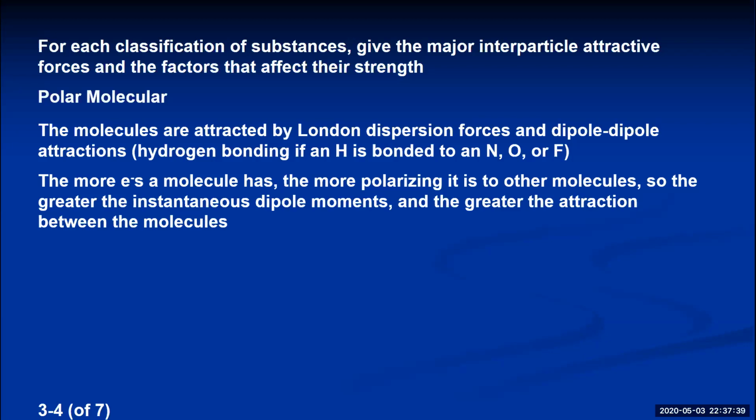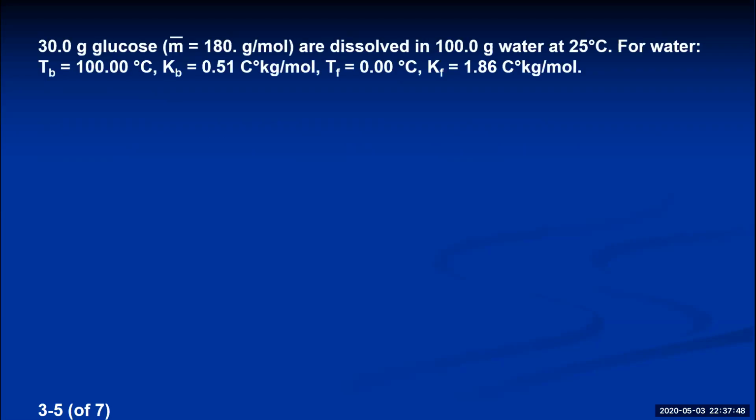Test 3 also dealt with solutions, and we'll do a final couple of examples with the colligative properties of solutions. First problem, 30.0 grams of glucose, molar mass 180 grams per mole, are dissolved in 100.0 grams of water at 25 degrees Celsius.